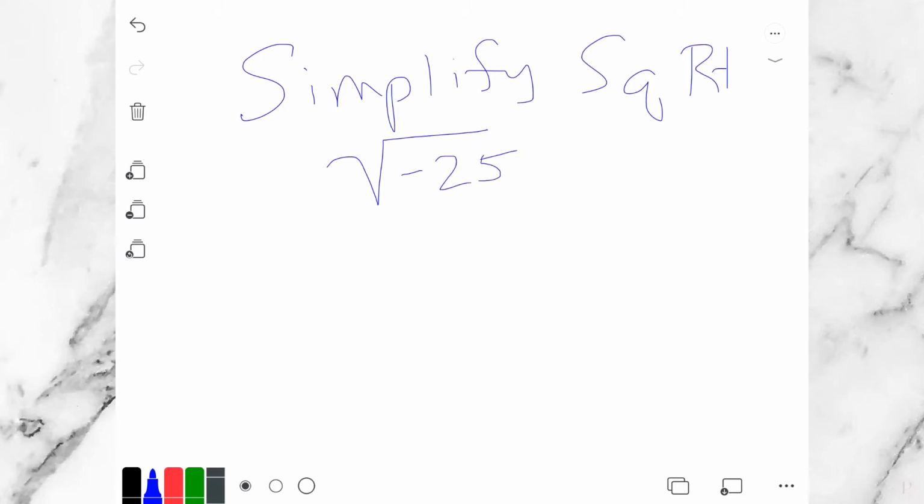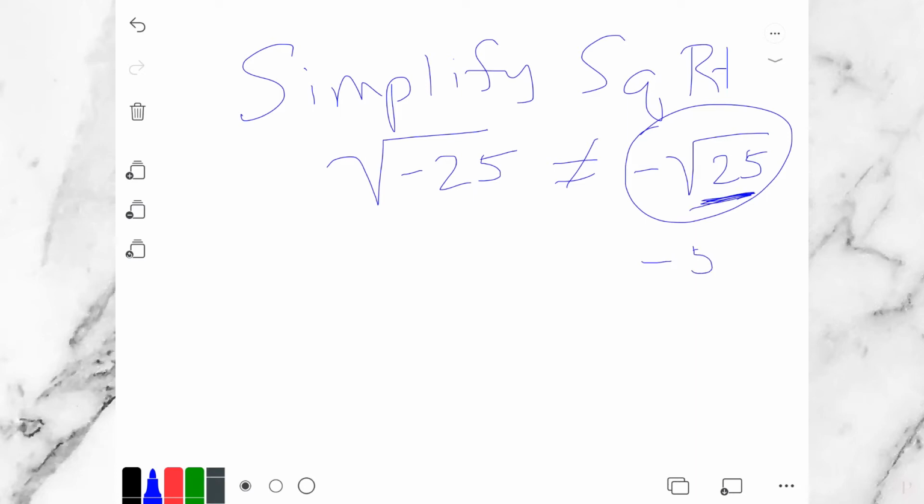I want to point out that this is not the same as negative the square root of 25. Two different animals we're talking about. The one on the right is basically just like we've been doing. You take the negative out front, you actually take the square root of 25, which we all know is 5, and your answer is negative 5.